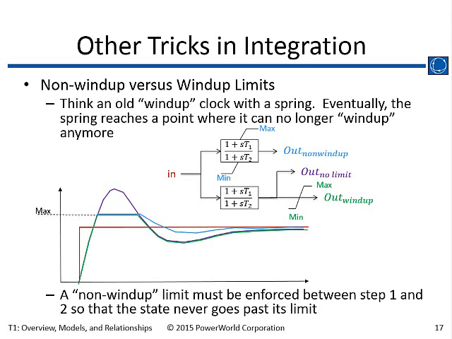If something violates its limit, you can either cap the output of that block at the limit and let the limit wind up internally, or you can cap the output and not let your states wind up. It may seem like a very subtle distinction, but it can have a very strong difference in your response. If a limit winds up and goes internally past its limit, once the input goes low again and starts to come off that limit, it could take a long time to come off of it.